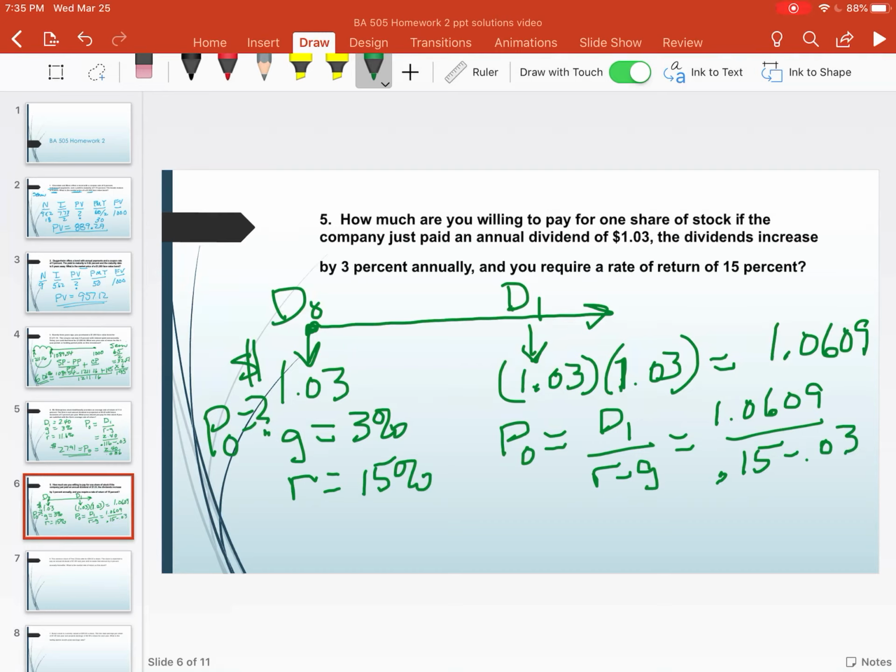And in that case, that reduces down to $8.84. So P sub 0 is equal to that. Okay? I'll pick up with problem number 6 on the next session. Thanks.